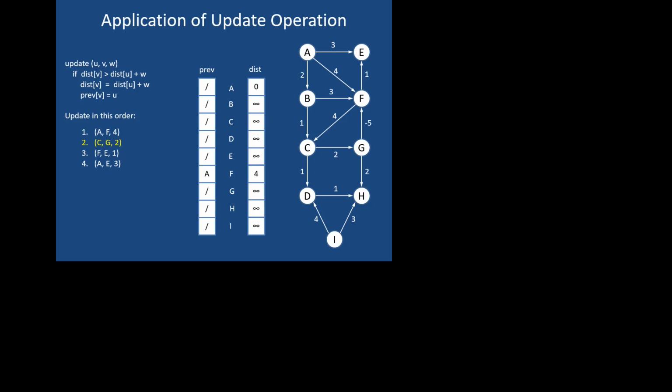Is anything going to change or no? Well, distance of V is infinity. Is infinity greater than infinity plus 2? No, they're the same. So no update happens. So you can try to update an edge and nothing's going to change if that doesn't give you a better way. What about FE1?